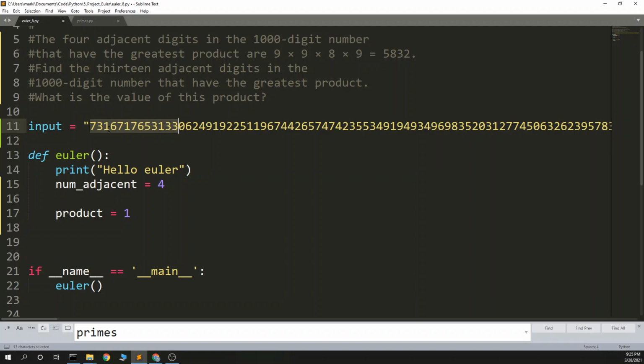Multiply them, and then divide. I have a moving window where I divide by the 7 and multiply by the next as I go. But the issue with that is that I can't divide by 0 when I come out.